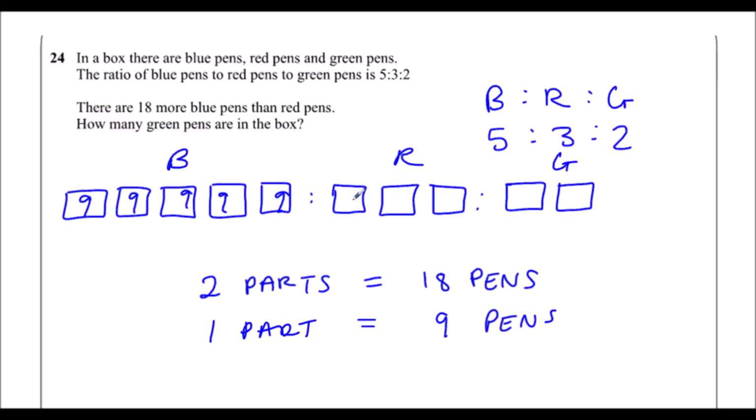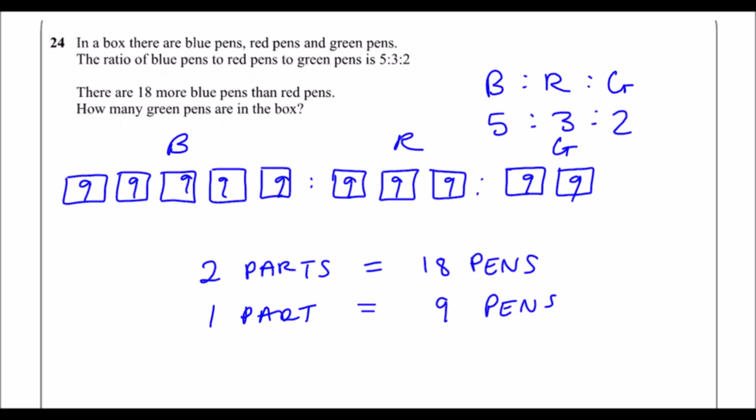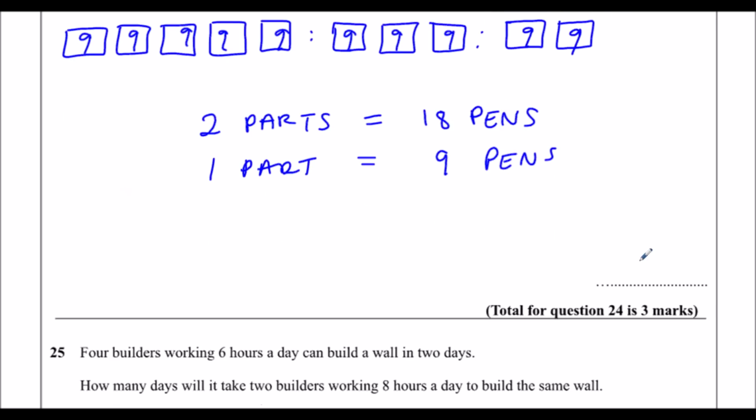So if there's 5 lots of 9 blue, there are 3 lots of 9 red and 2 lots of 9 green. How many green pens are in the box? 2 9s, 18.